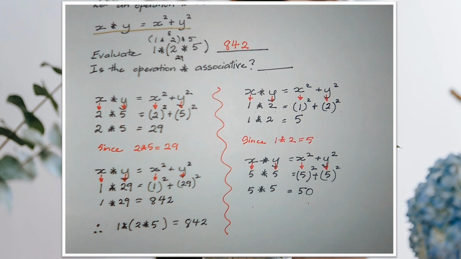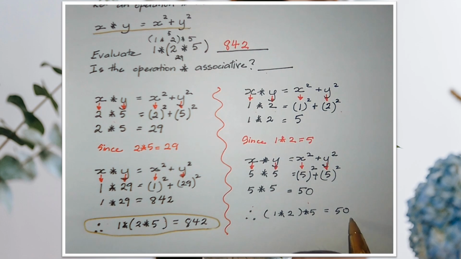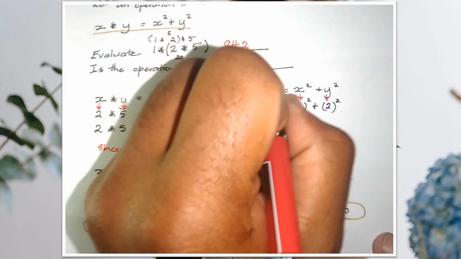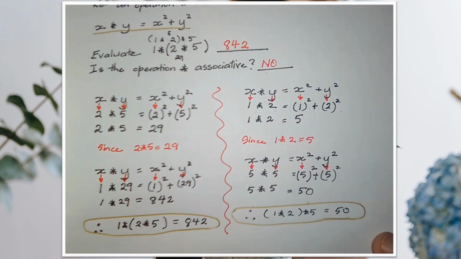Good. So therefore, (1 star 2) star 5 is equal to 50. Let's make a comparison now. Look at this and look at this. Notice that they're different. So because they're different, even though we group them differently, then the operation is not associative.